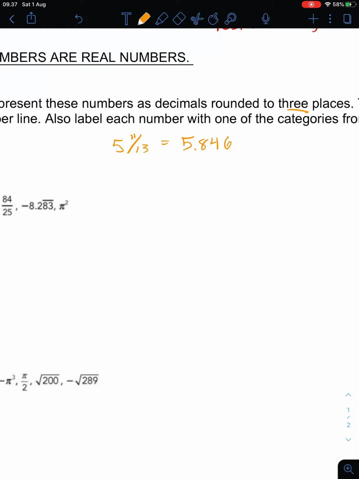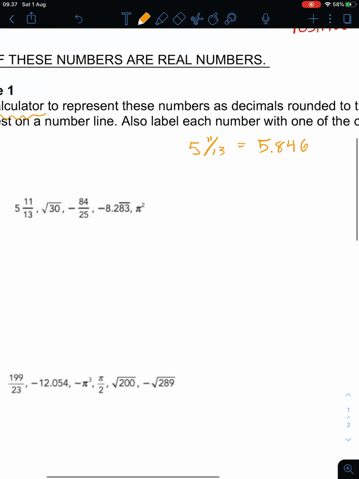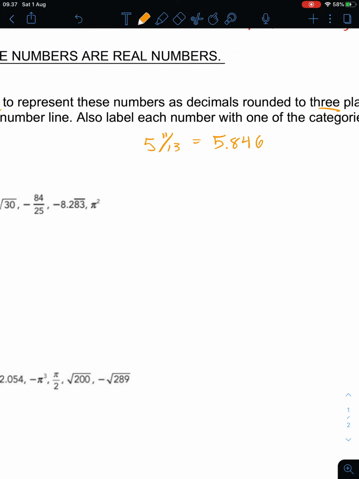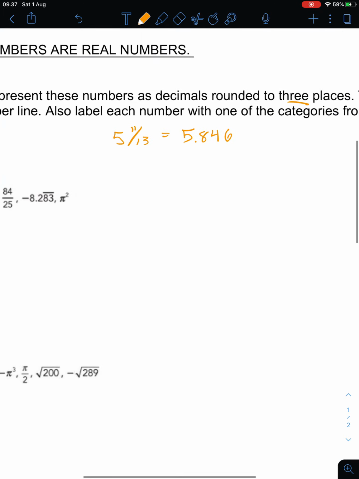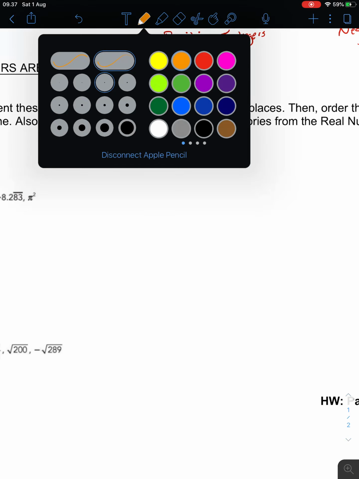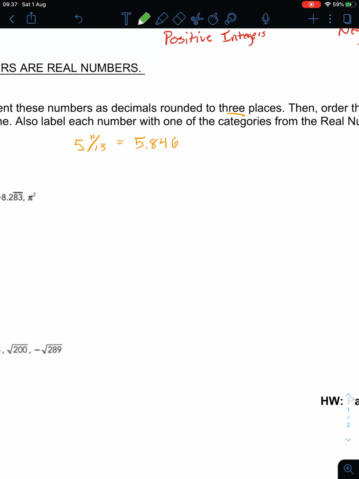Please use your own calculator to practice writing these as decimals, okay? I'm using mine. I'm expecting you to use yours. Okay, 5 and 11/13, that's a fraction. So that's a non-integer rational number. Okay, I'm just going to say it's a fraction.